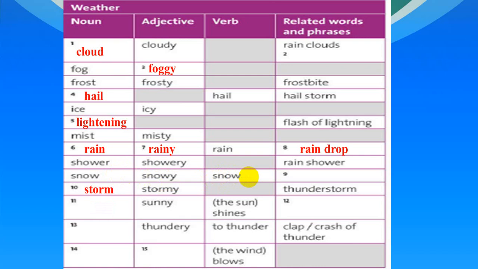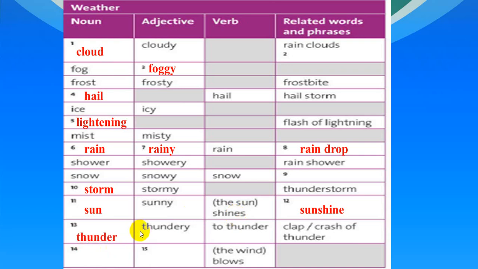Storm, stormy, thunderstorm. Sun, sunny. The verb here, the sun shines. It is shining now. Okay? Sunshine, sunshine.